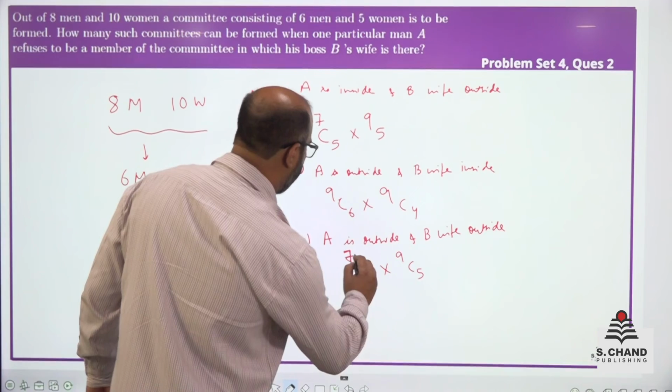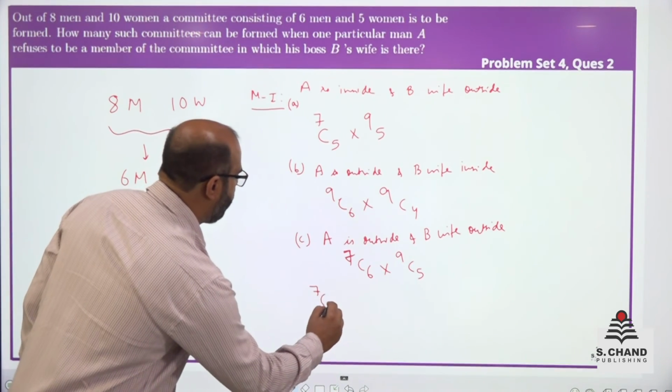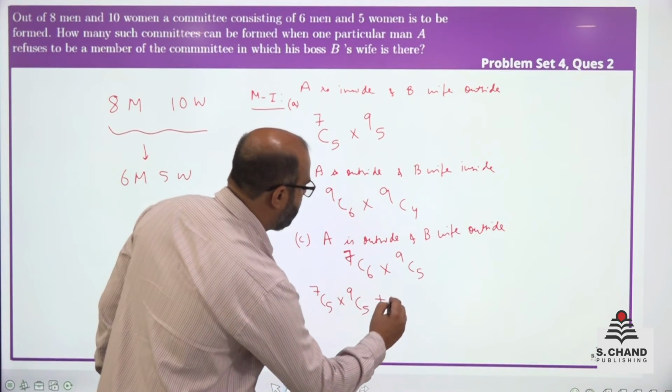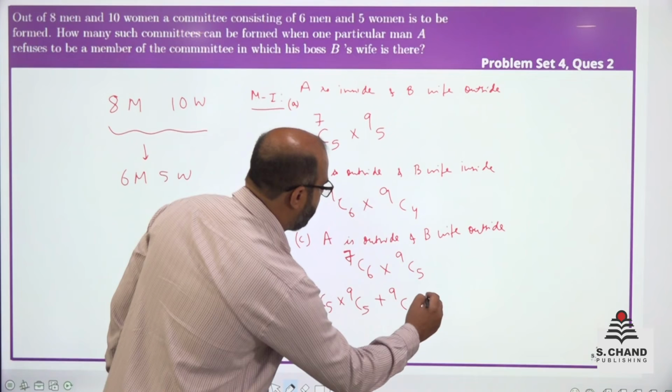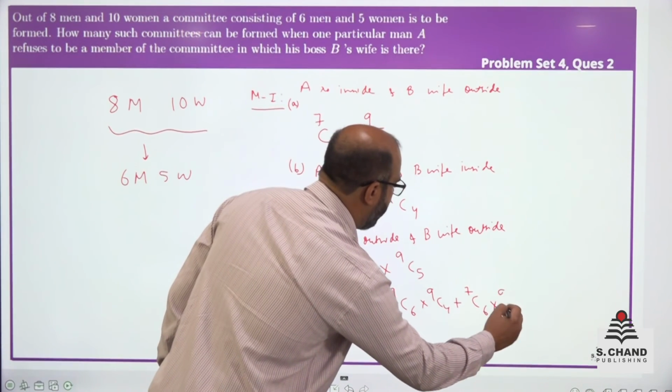Now, the answer would be the addition of all these 3 cases, that is 7C5 into 9C5 plus 7C6 into 9C4 plus 7C6 into 9C5.